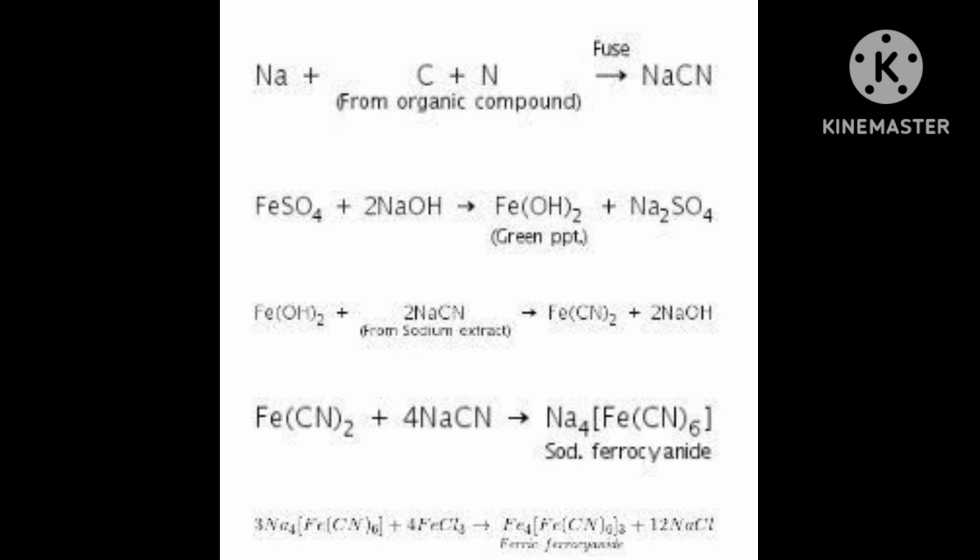Here, suppose sulfur was present in the compound, then sulfur will be in the form of S2 minus ion. I told you that this sulfur will convert into sodium sulfide with metallic sodium during the formation of the sodium fusion extract.